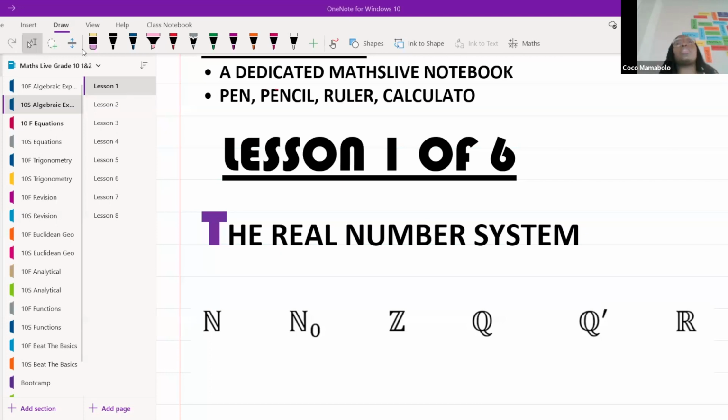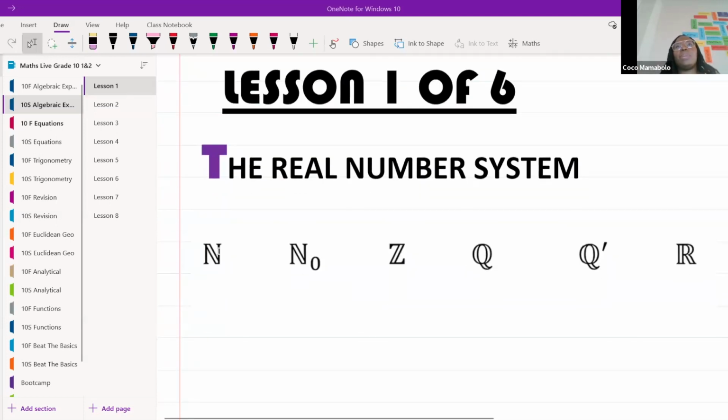All right. Let's start with the real number system, guys. If we look at these symbols, have we seen these symbols before? Who knows what these symbols mean? Anybody got any idea where these symbols come from and what they mean to us?